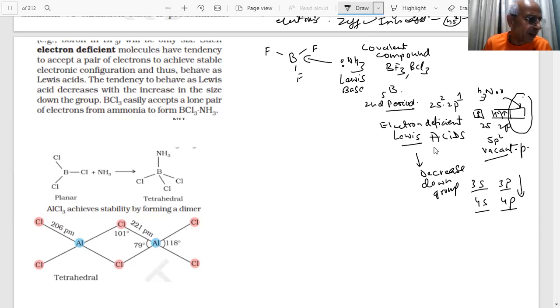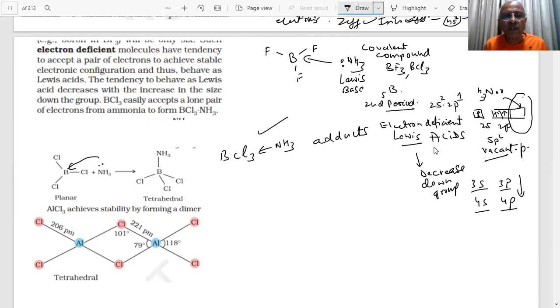So they will form what they call an adduct, student. And here we have shown BCl3 and there is a lone pair of electrons, student. This goes into the vacant p orbital of the boron and you are getting such compounds. This BCl3 and NH3, these are called adducts.